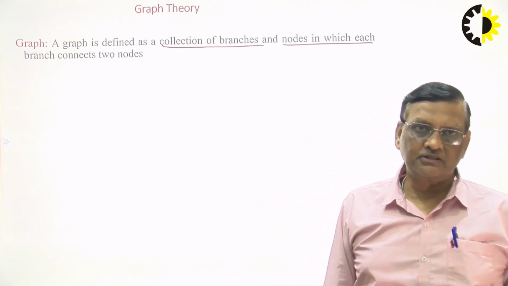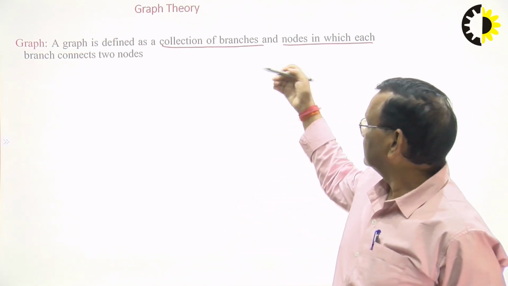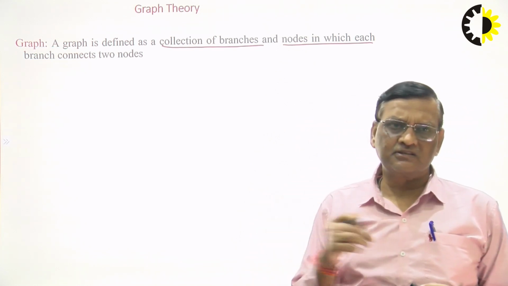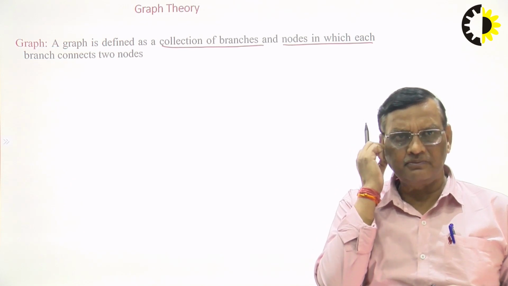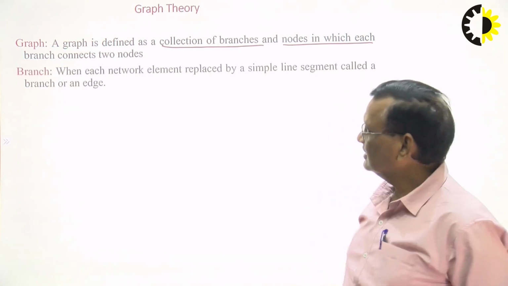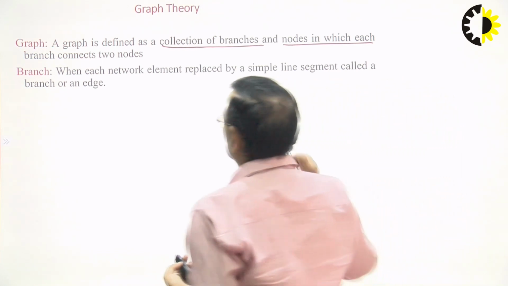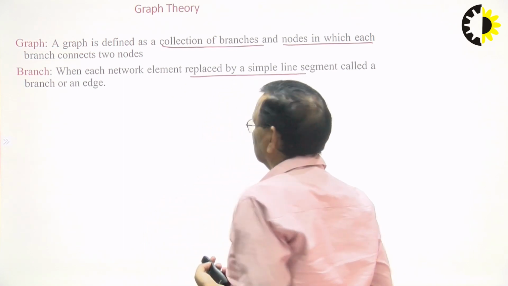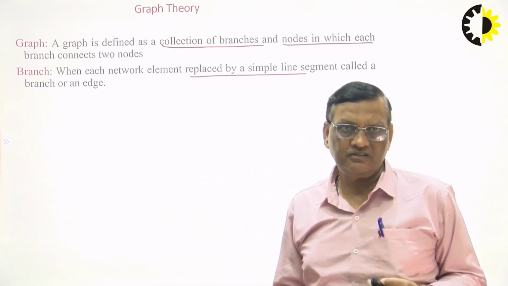A network is given, and we identify the number of branches and number of nodes, and we draw the line representation of the given network. What is a branch in graph theory? When each network element is replaced by a simple line segment, it is called a branch or an edge.